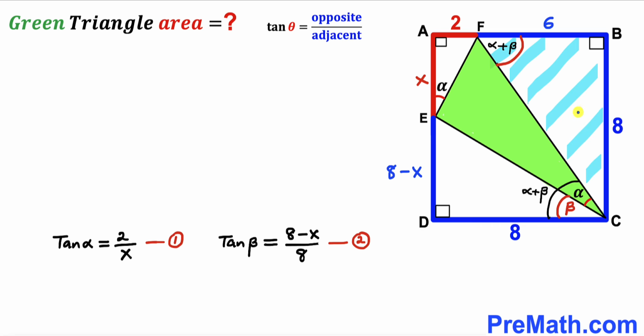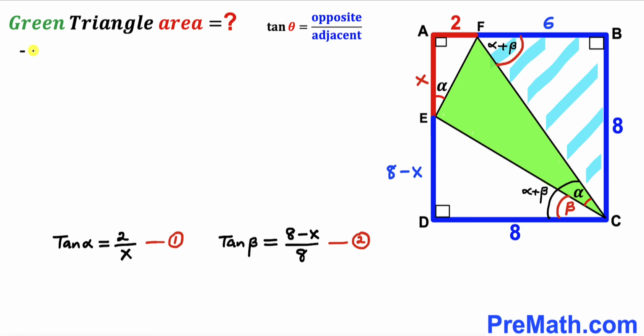Finally, we are going to focus on this other right triangle FBC. Once again we apply the trigonometric ratio: tangent of theta equals opposite divided by adjacent. For this angle alpha plus beta, the opposite side is 8 and the adjacent is 6.